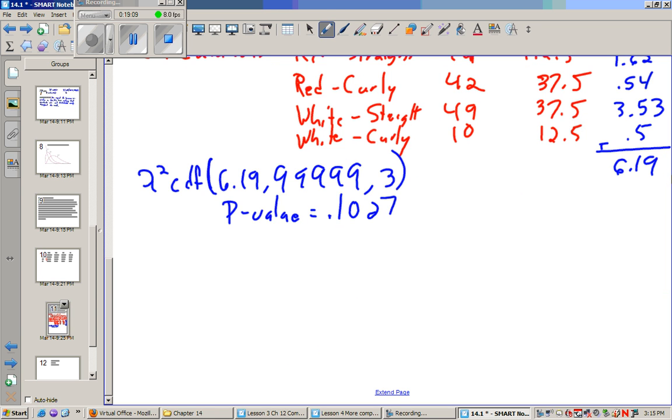All right, so now let's interpret this. Since the p-value is higher than 0.05, we fail to reject the null.